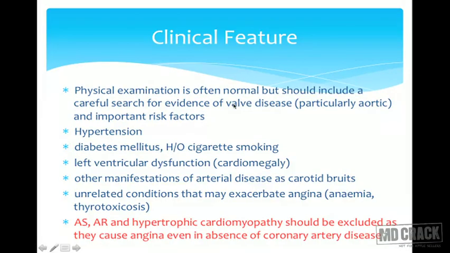Physical examination is often normal but should include a careful search for evidence of valve disease, particularly aortic, and important risk factors like hypertension, diabetes mellitus, history of cigarette smoking, as you must be knowing this thing, history of left ventricular dysfunctions which may lead to cardiomegaly, other manifestations of arterial disease such as carotid bruit, and unrelated conditions that may exacerbate angina, like hyperdynamic circulatory states such as anemia or thyrotoxicosis, pregnancy, beriberi.